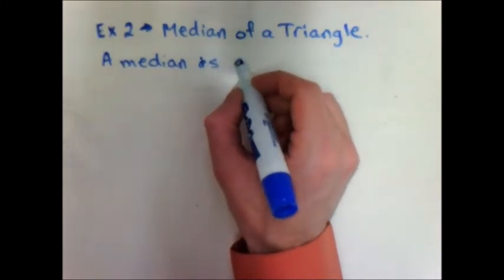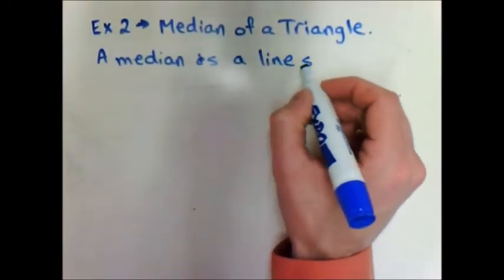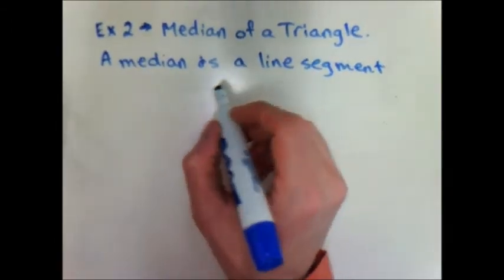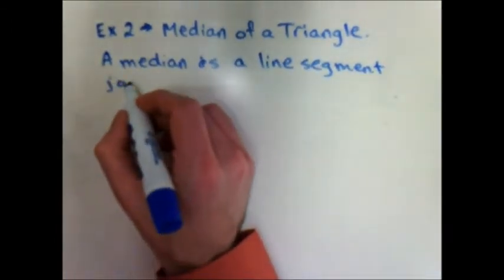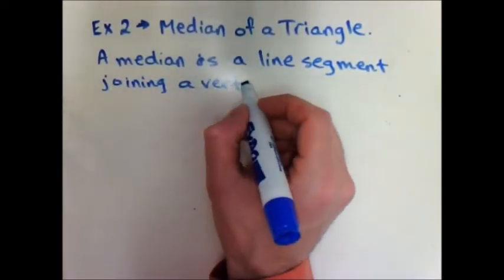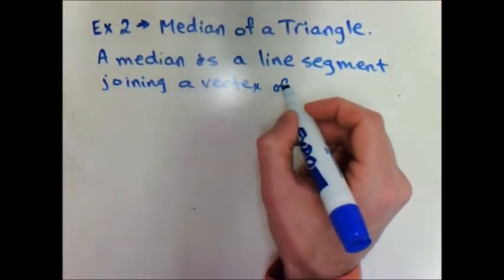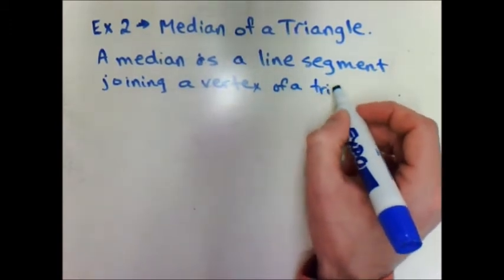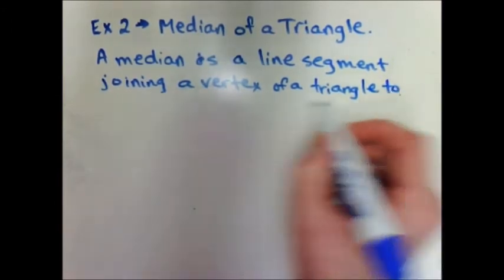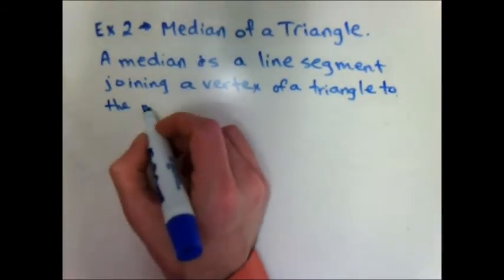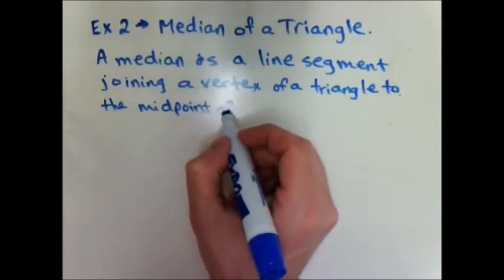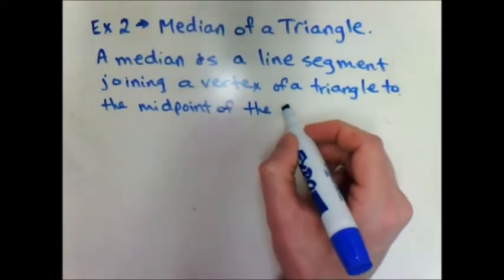So a median is a line segment joining a vertex of a triangle to the midpoint of the opposite side.